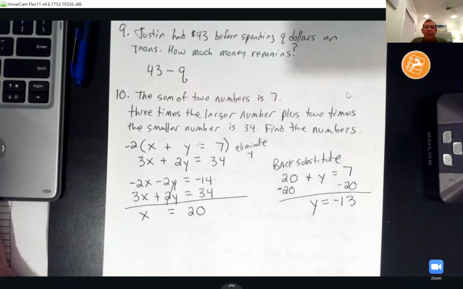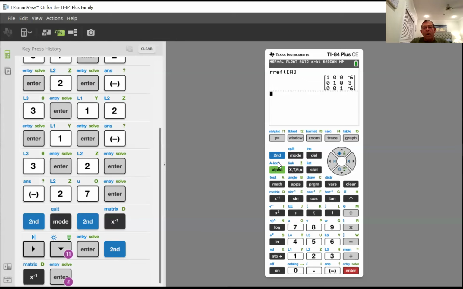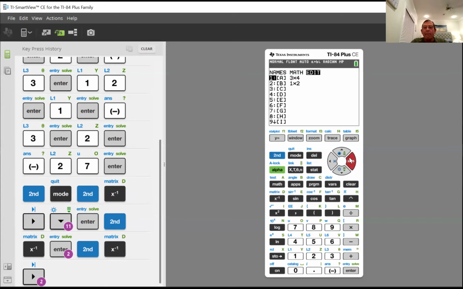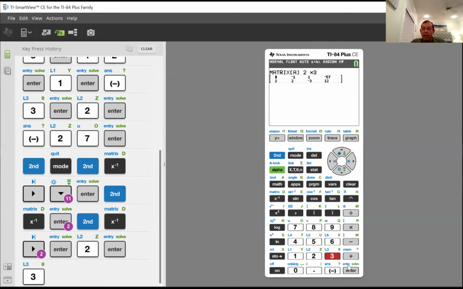And then y'all, like I said, I'll give you one more shot on the calculator here. So let me share my calculator. Now, on that one, when I hit second x negative 1, I'm going to go to edit, enter. Now remember, that's a 2 by 3 because I got 2 equations. So I will do 2 enter, 3 enter, and then punch in 1 1 7.